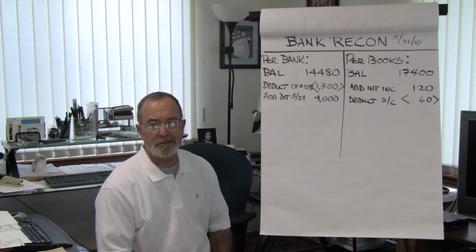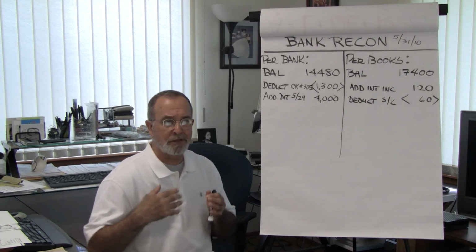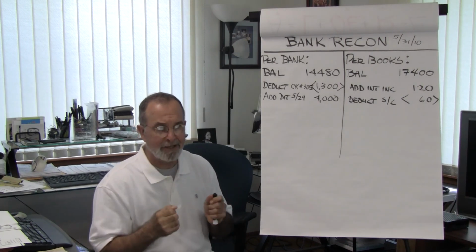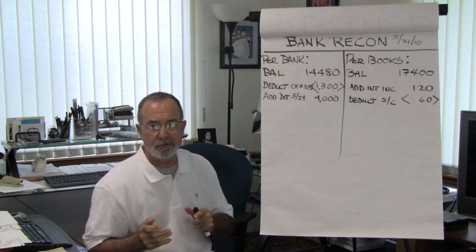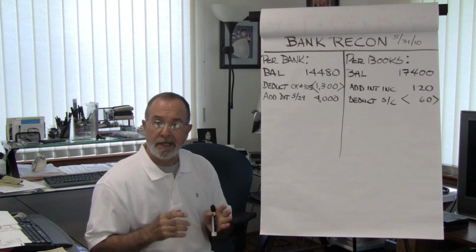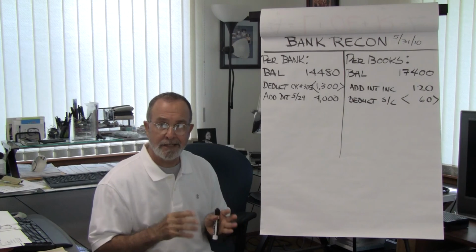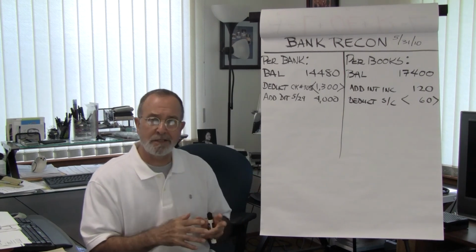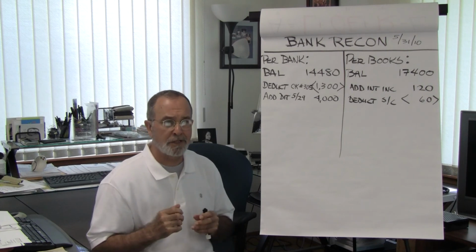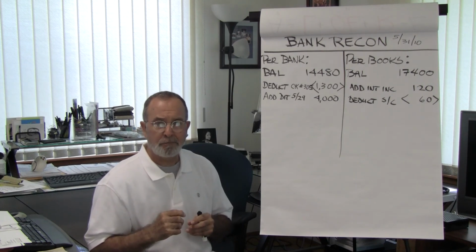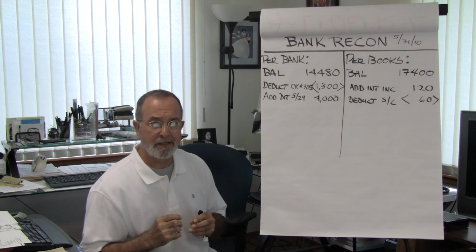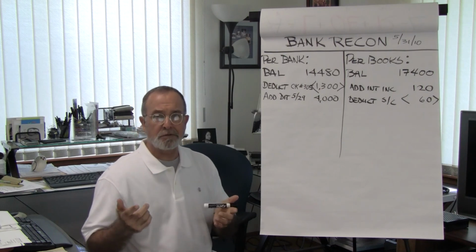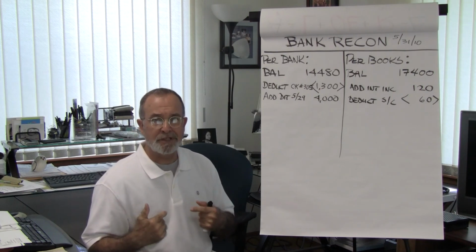And so what that means is that that had been a check that we had received earlier and had deposited into our bank, and our bank had sent that check along with all the other checks that we had deposited. It had sent that check to the payer's bank, the individual or company that had written that check to us, the payer.